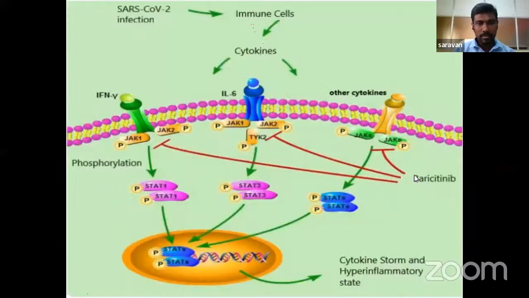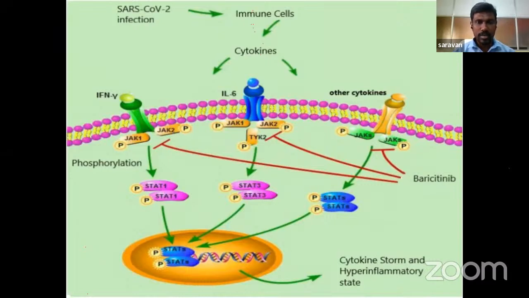So this cytokine storm or cytokine release syndrome is mainly mediated by the JAK-STAT kinase mediated synthesis of cytokines. So Baricitinib, by inhibiting the JAK-STAT kinase pathway, prevents the cytokine storm development, which is responsible for the development of acute respiratory distress syndrome, ARDS, and multi-organ failure and death of the individual in COVID-19 infection.